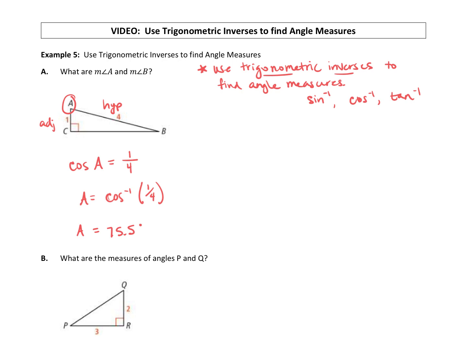All right, now they want us to find angle B. So I'm going to erase how I labeled the triangle, because I'm going to look at angle B now. The opposite side is 1. And the hypotenuse is 4. So we're going to use a trig function that uses the opposite and hypotenuse sides, and that is your sine function.